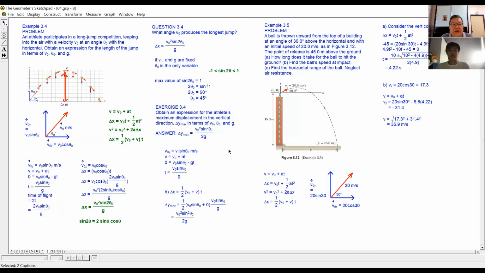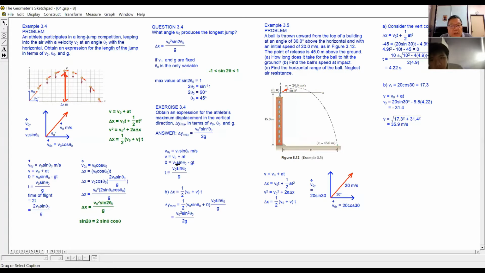Okay, so we continue here. Which formula are we going to use? We use v equals v naught plus at. At the maximum height, the vertical velocity is 0, so you put 0.